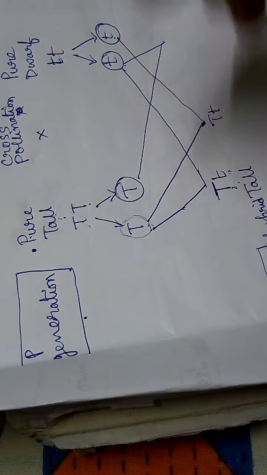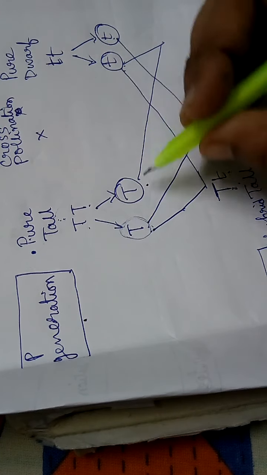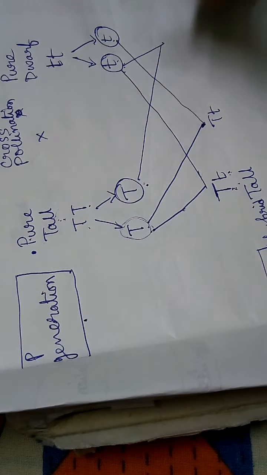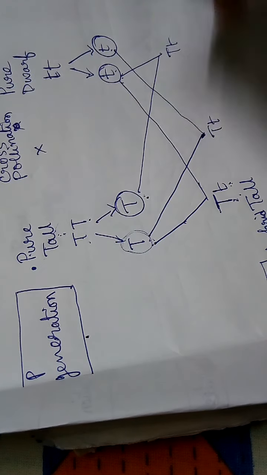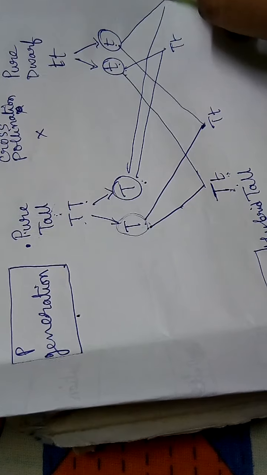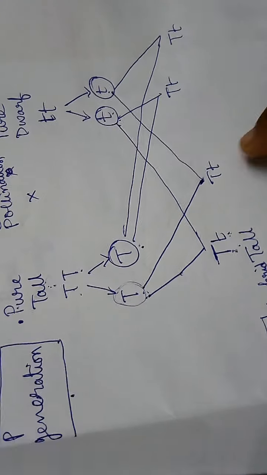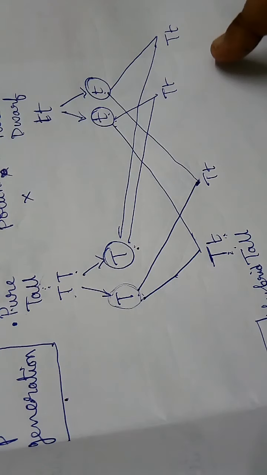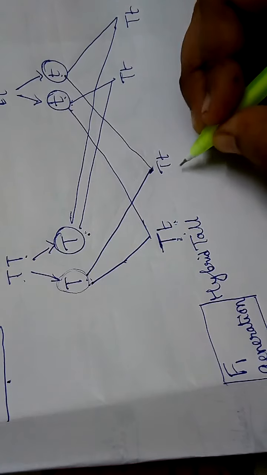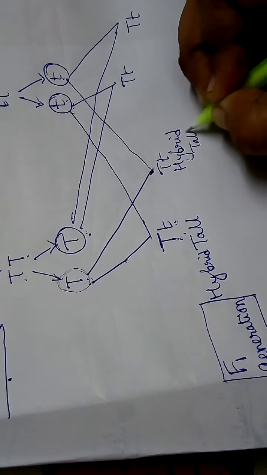This gamete fertilizes with small t. So all the organisms that are produced in F1 generation are hybrid tall. So we write here hybrid tall.